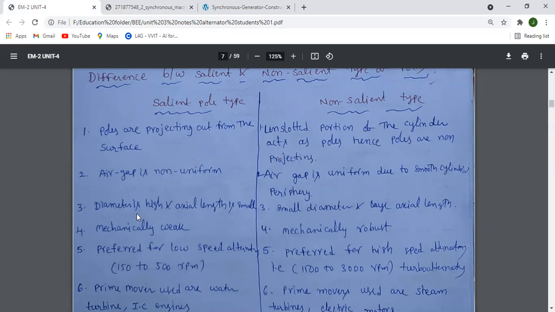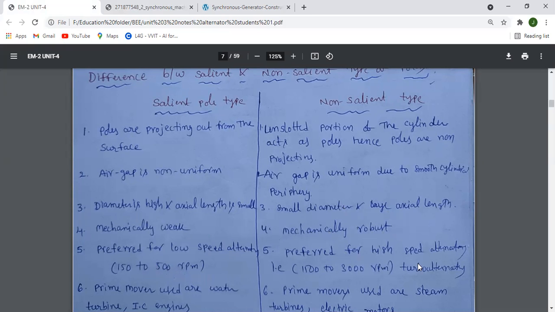In salient, the diameter is large and axial length small, and it is mechanically weak, preferred for low-speed alternators of 125 to 500 rpm.